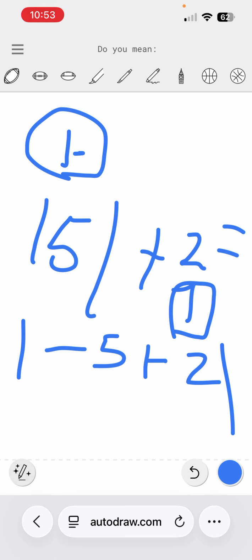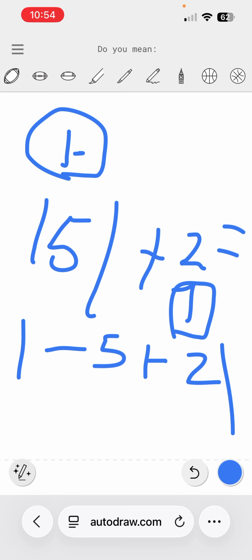Alright, so now we have the absolute value of -5 plus 2. So -5 plus 2 is written in the absolute value signs. So let's solve this equation first, shall we? -5 plus 2 is -3, because really, when we're adding a positive to a negative, we are subtracting a positive.